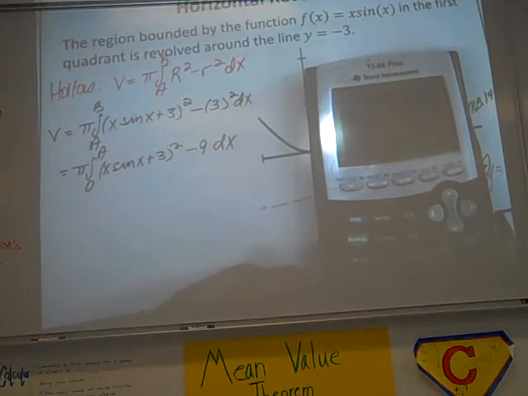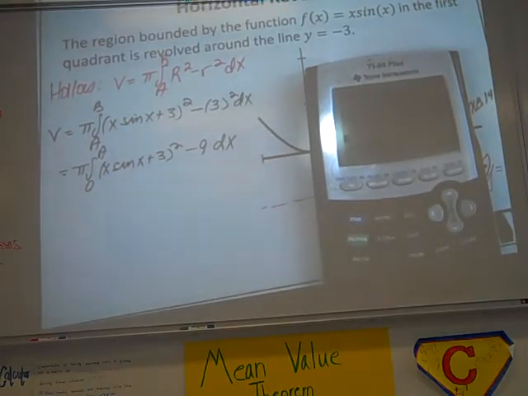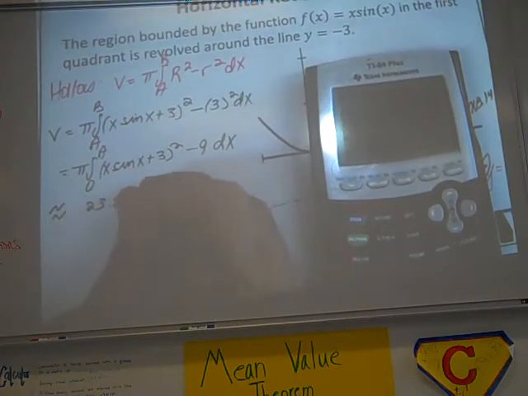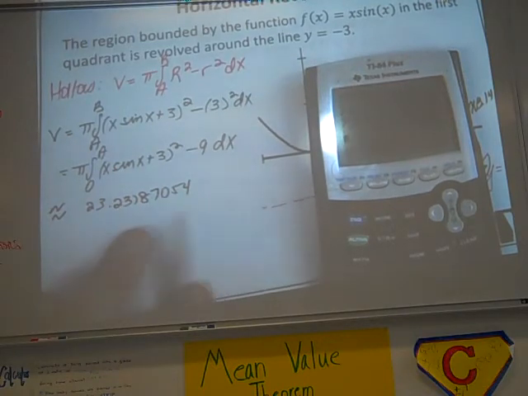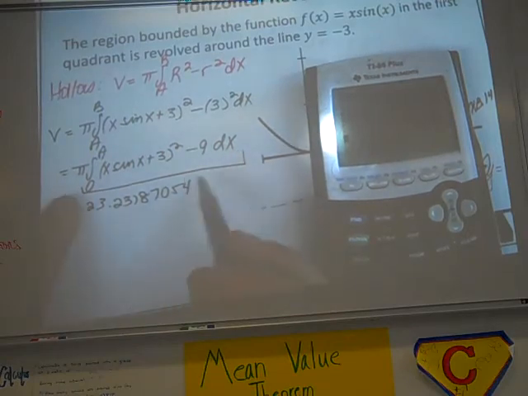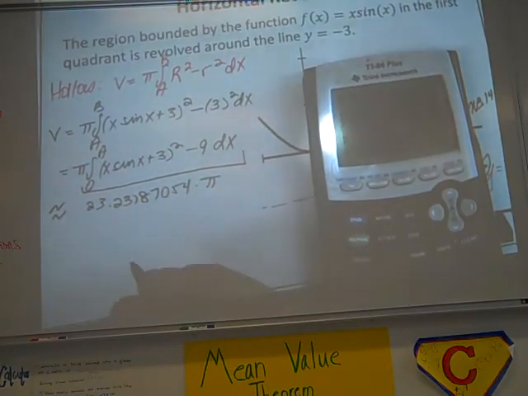Minus 9, integrate with respect to x, starting at 0, ending at A. On my calculator, I'm getting 23.23187054. Now be careful, that number accounts for the integral. It does not include the pi, so I have to write the pi.